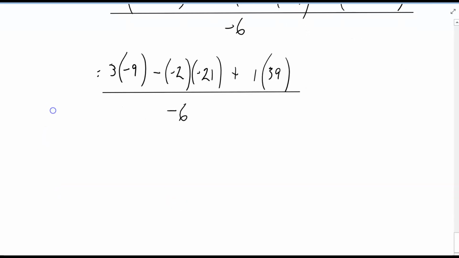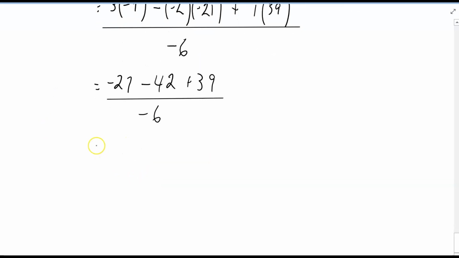Okay, we're almost there. 3 times minus 9 is minus 27. Subtract minus 2 times minus 21 is minus 42 plus 39 all over negative 6. And what is that number in the numerator?